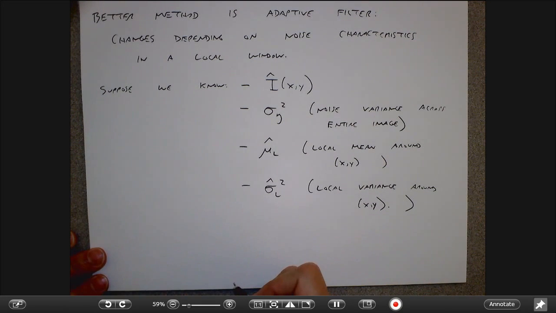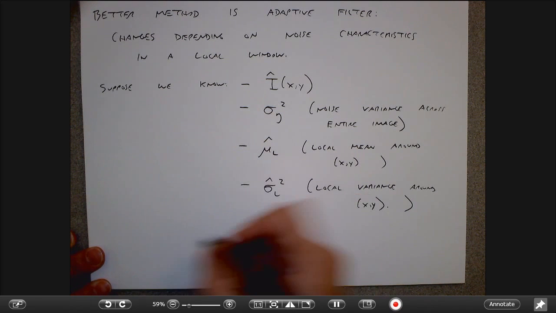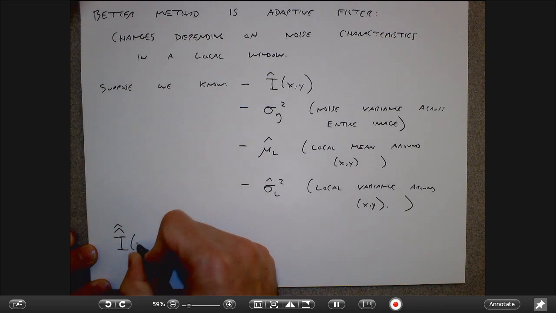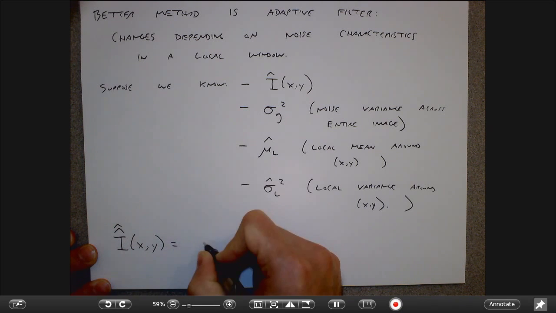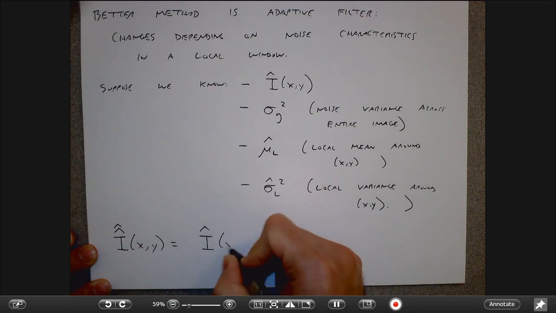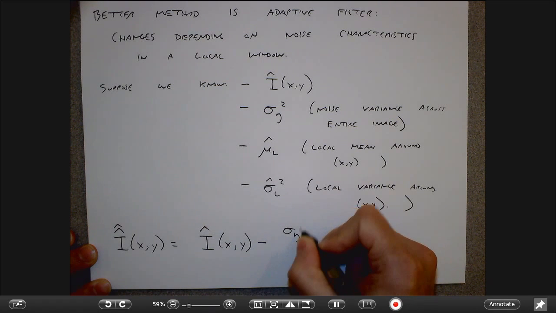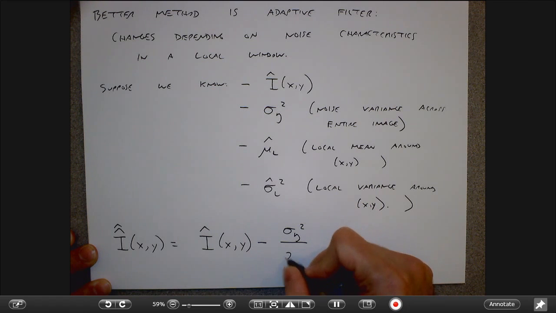Okay. And so consider this as a possible way of doing reconstruction. Let's suppose that I say that my reconstructed image is going to be my corrupted image minus this.